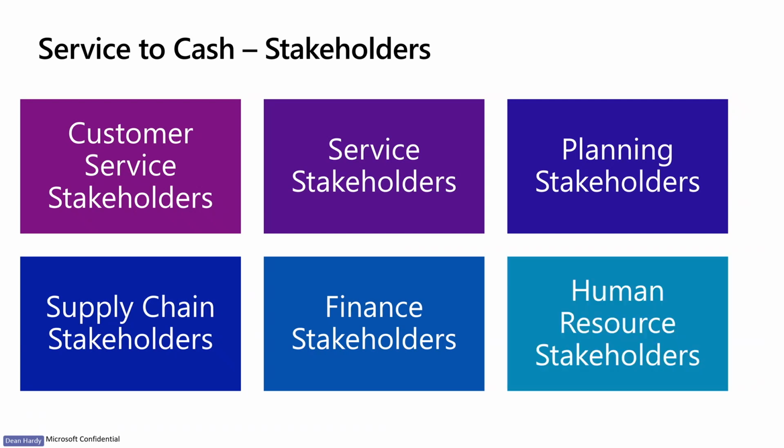And human resource stakeholders, examples like Chief People Officer, Director of Human Resources Manager, and Recruiter. Successful implementation of Dynamics 365 to support the service-to-cash processes requires collaboration and coordination between these and other stakeholder groups.